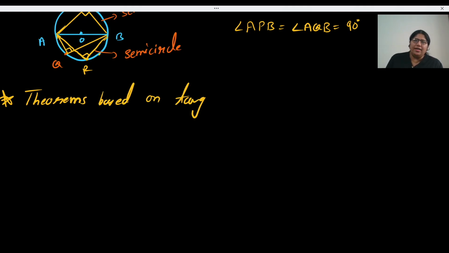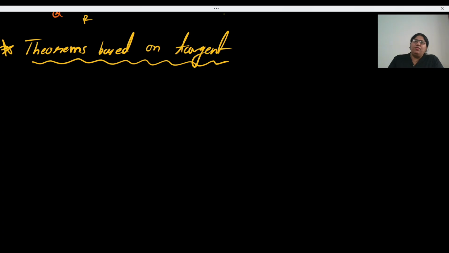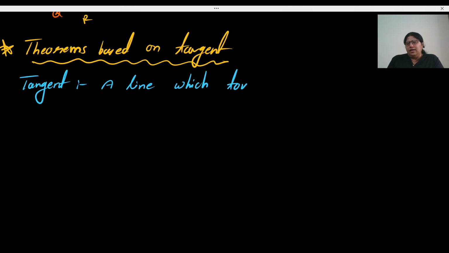What is the meaning of tangent? Before we go for the theorem based on tangent, we should know what a tangent is. A tangent is nothing but a line or line segment touching a circle at only one point. It can be a line segment, a ray, or any line which touches a circle at one point only.